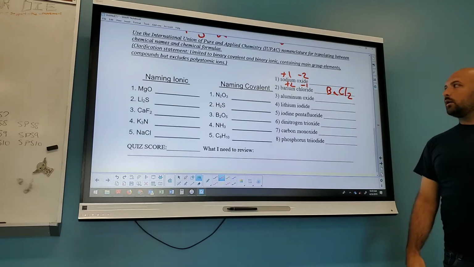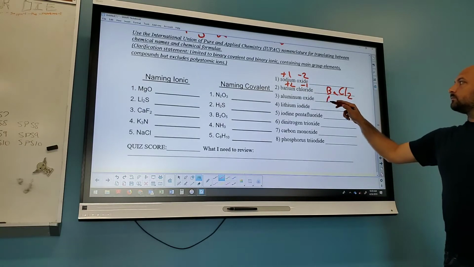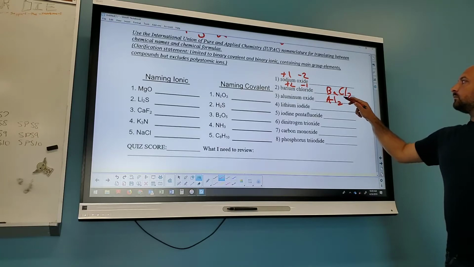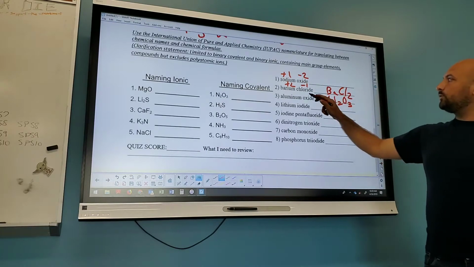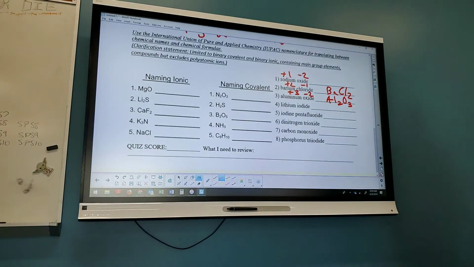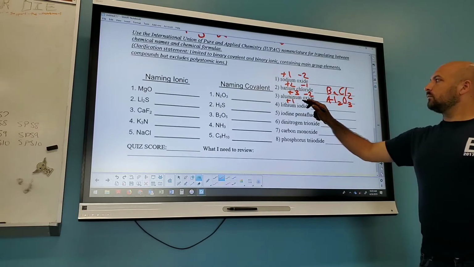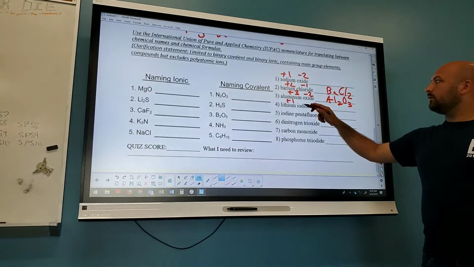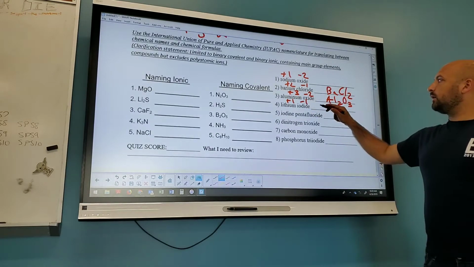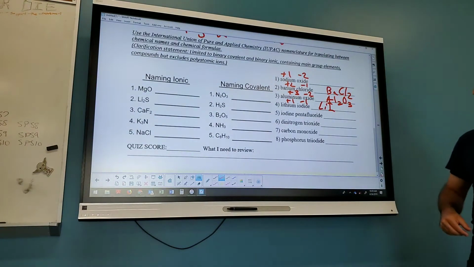Yes. Aluminum oxide: Al2O3, because oxygen is minus 2 and aluminum is plus 3. You kind of see how that works? Then lithium iodide, plus 1 and minus 1, and we get LiI.